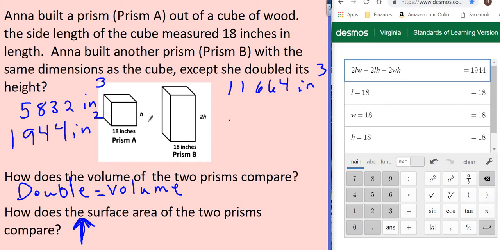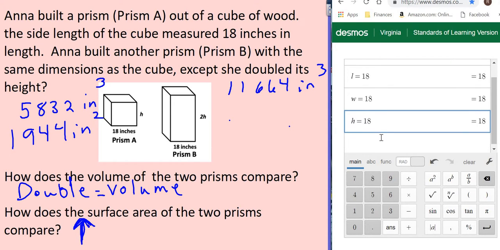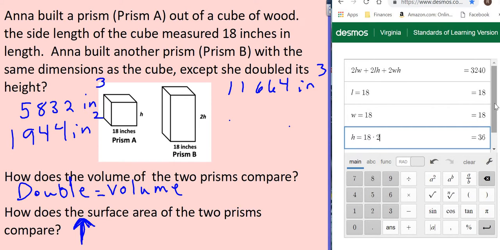That's my surface area. And I can guarantee you that my surface area is going to go up, but I can't tell you how much. Okay? But if I double the height, my surface area goes up to 3,240 inches squared. It definitely increased, but it did not double.